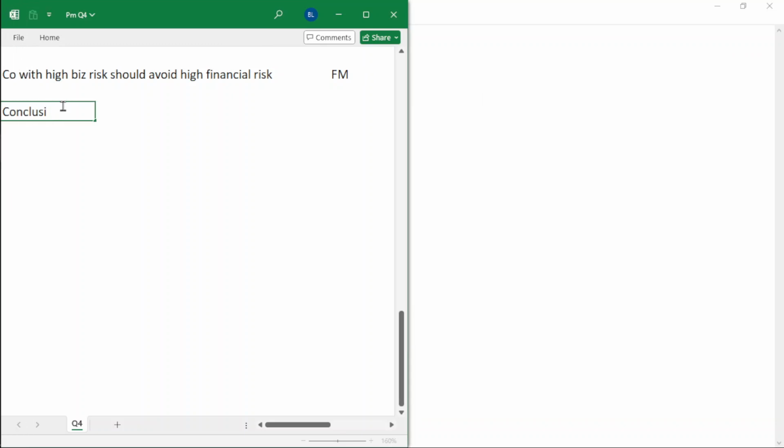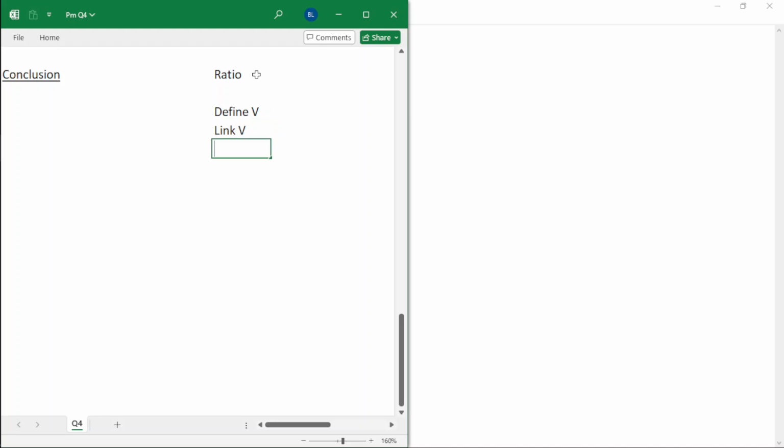So let's put the conclusion. At first we put the ratio, then define, which we did already, then link, which we did already. So let's put a reason. For the conclusion, we review the ratio.